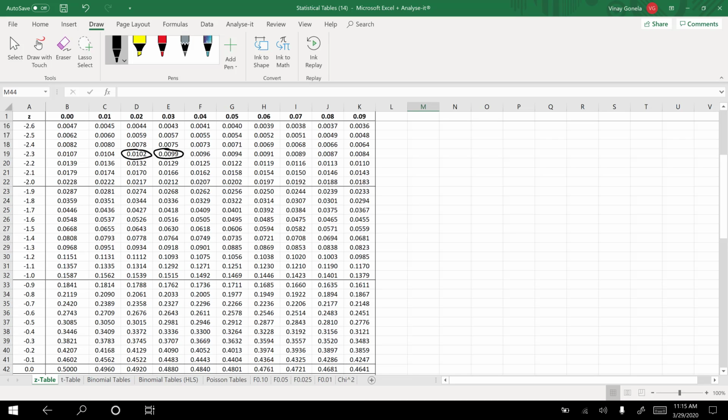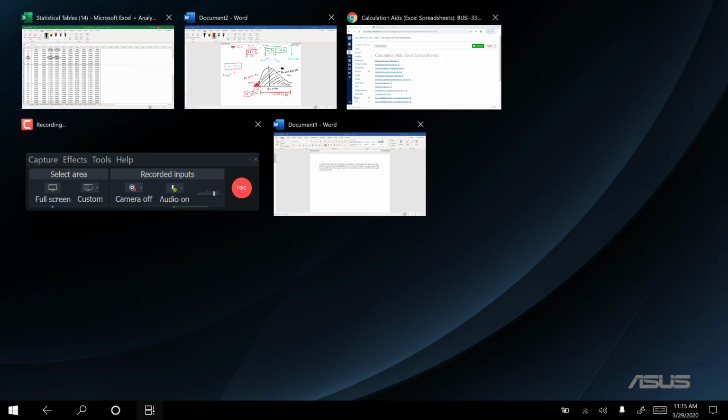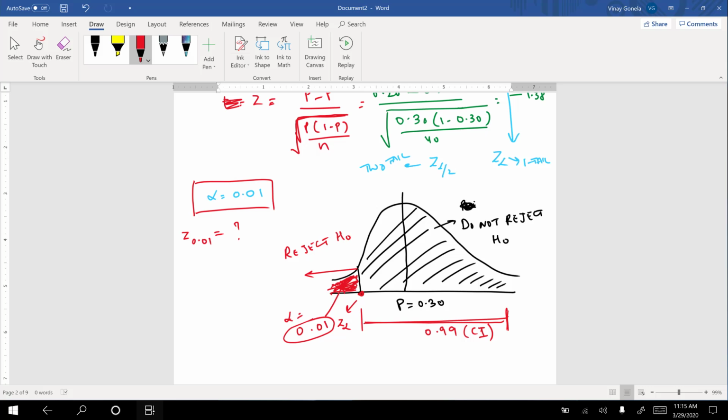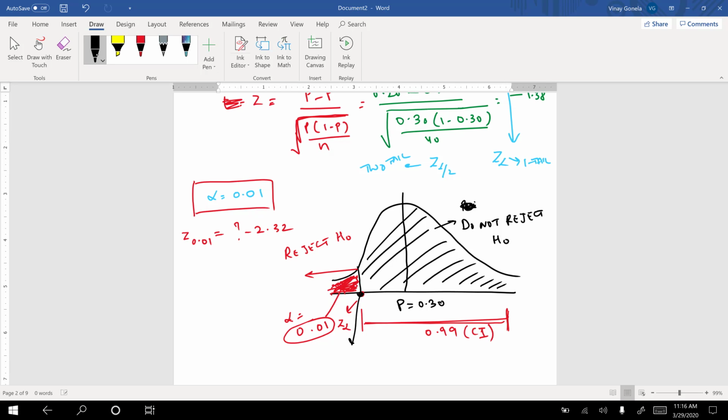So our z value will be negative 2.32 or 33. I will take negative 2.32. You can use either of them. So the z value would be negative 2.32. So this value here at this point is negative 2.32.